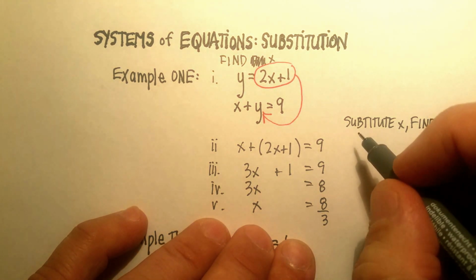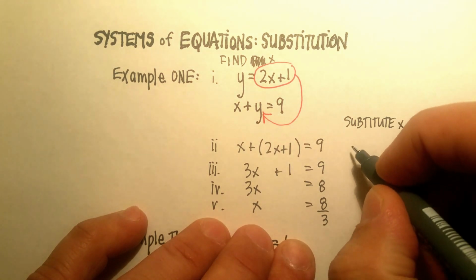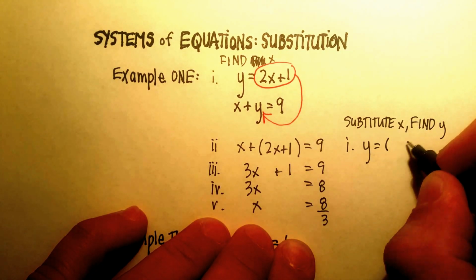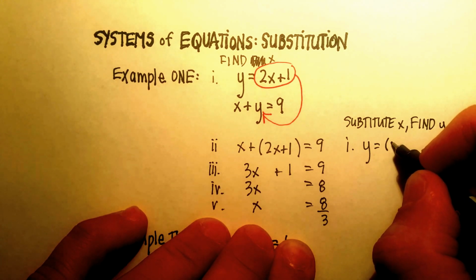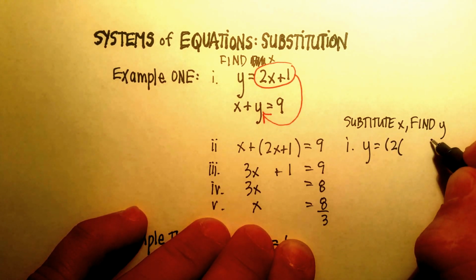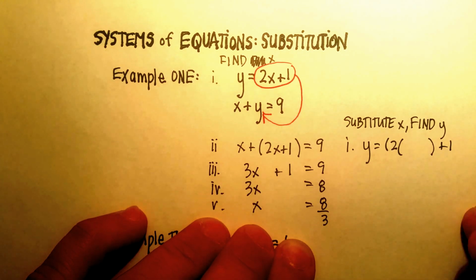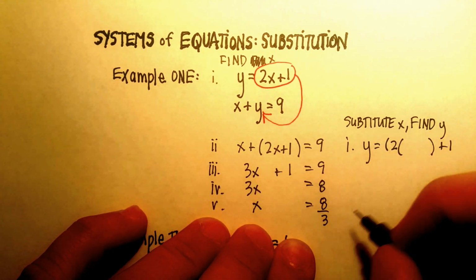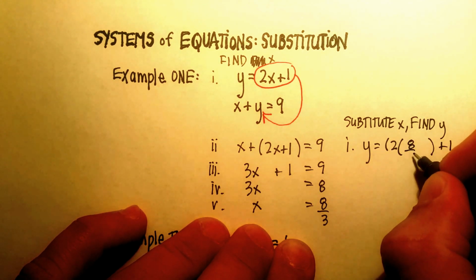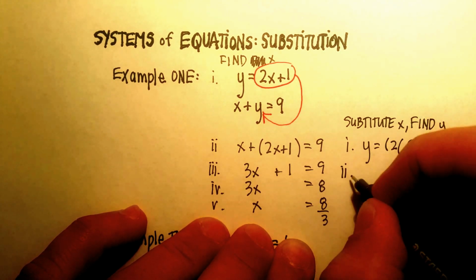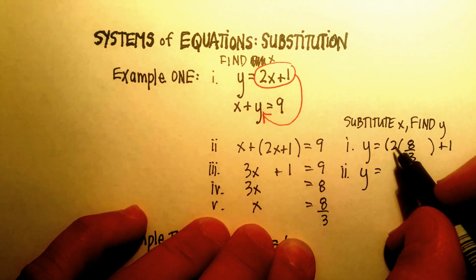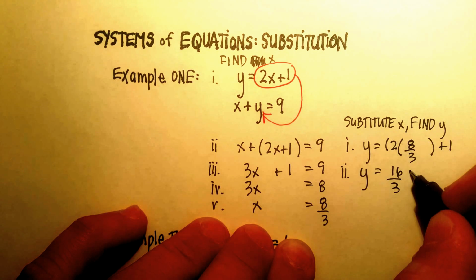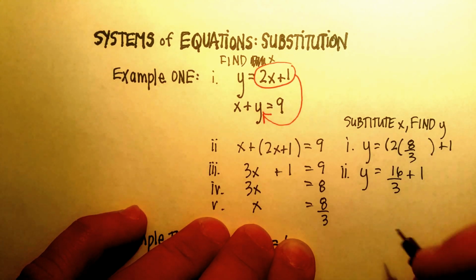Okay, so let's do that. And let's just choose that first one. So first step, y is equal to, again, in parentheses, 2 times the x plus 1. Okay, let's go ahead and substitute in 8 over 3. That's going to give me y is equal to 2 times 8 over 3 is actually 16 over 3 plus 1.